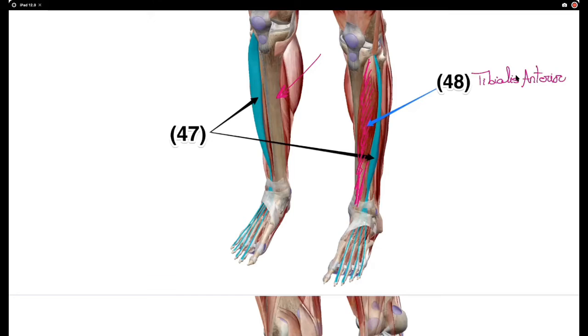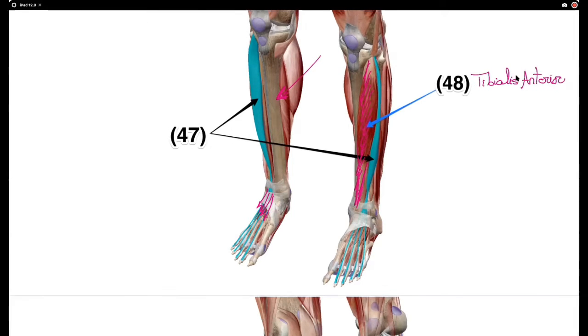And this one on here has 4 tendons going to the lateral four toes. It's located in the anterior compartment of the leg, just underneath the tibialis anterior. What do we call this muscle?